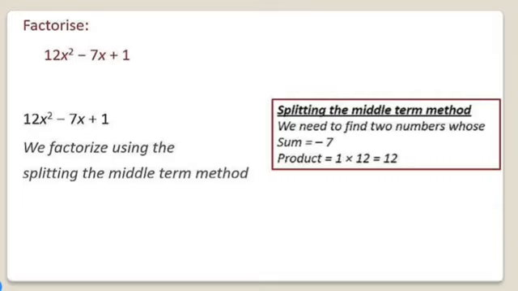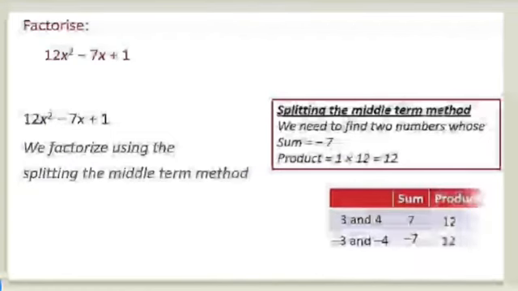So 1, 2, 3, 4, 6 and 12 are the factors of 12. By inserting a negative sign to the factors, we get a negative sum. So by using the hit and trial method, let's find the terms which give sum as minus 7 and product as 12.